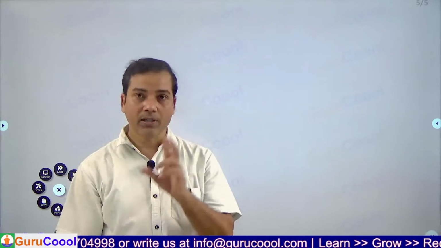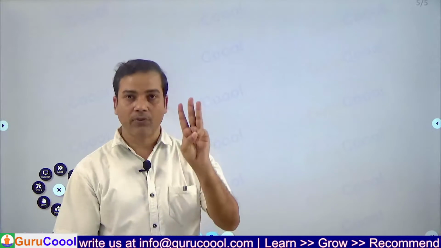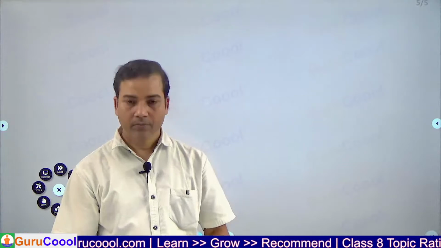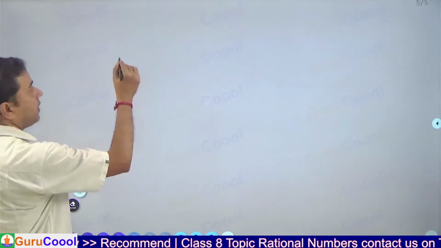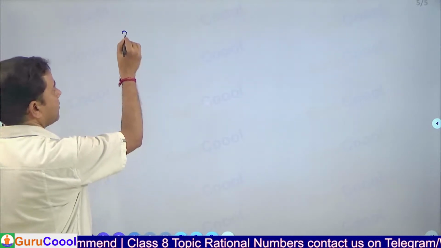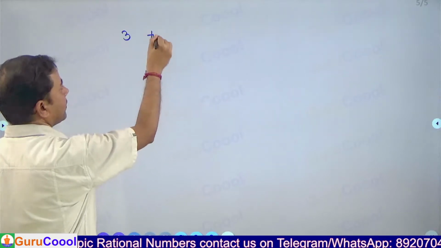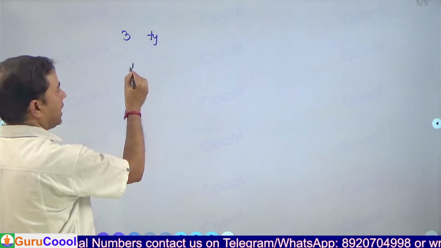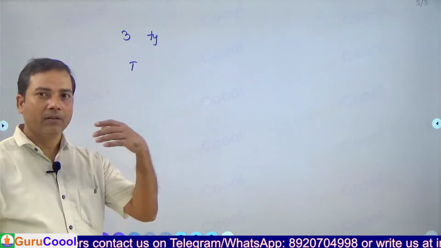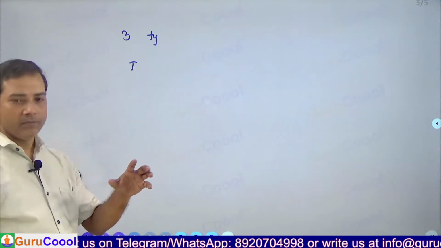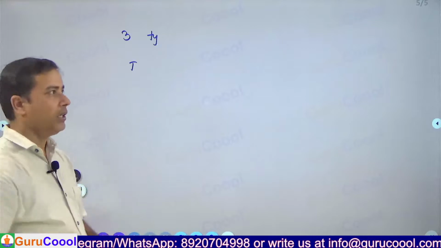I taught about decimal representations, right? 3 types of decimal representations. Do you remember? I taught this. Yes. Like terminating, non-terminating. Do you remember? Okay. So all 3 were done.